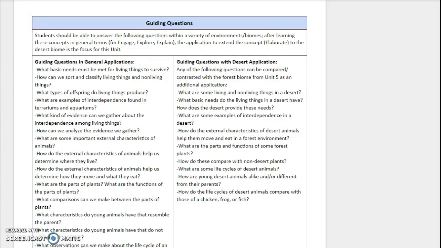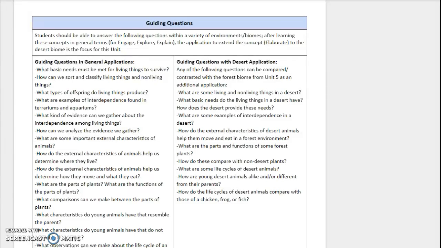When we look at the desert biome, what I've done is I've created a parallel set of questions so you can ask that within a desert application if that's what you want to do. For instance, the guiding question that's very general is what are basic needs that must be met for living things to survive. And then we would tweak that a little bit for what are some living and non-living things in the desert, and we could talk about their basic needs.